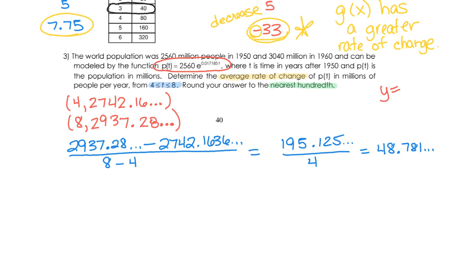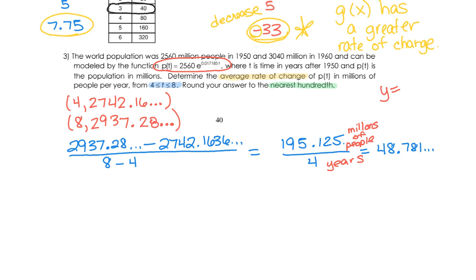Okay? And if you remember, on top is the number of people, okay, in millions. So we'll say millions of people. Okay. On the bottom is our time in years.